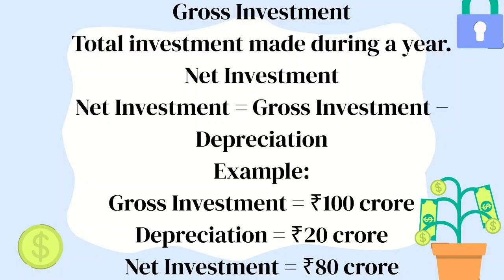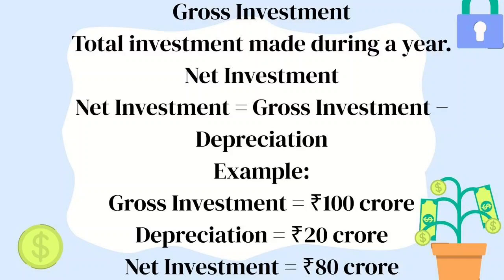See, investment means spending on capital goods such as machinery, equipment, buildings, or tools that help produce other goods and services. Gross investment is the total amount spent on these capital goods during a year. However, machines don't remain new forever. As they are used, they wear out.